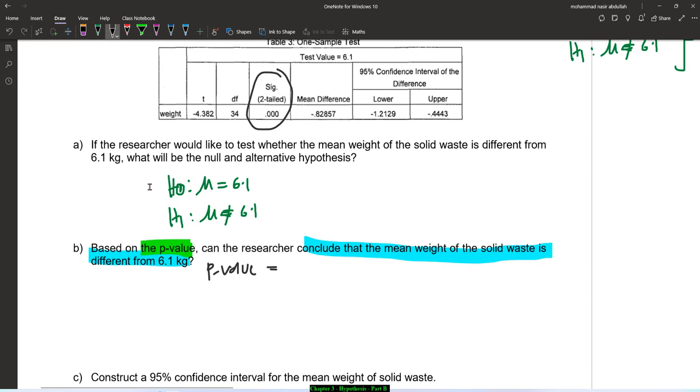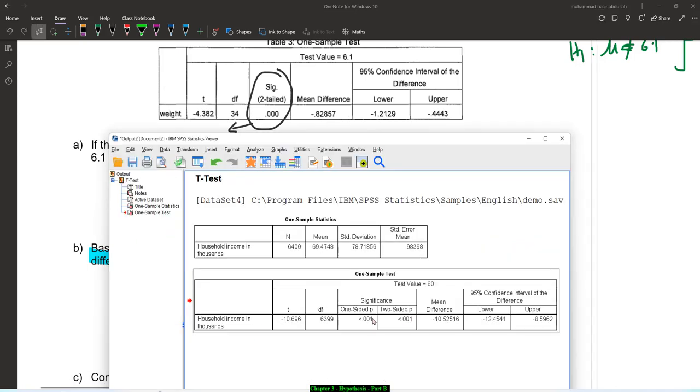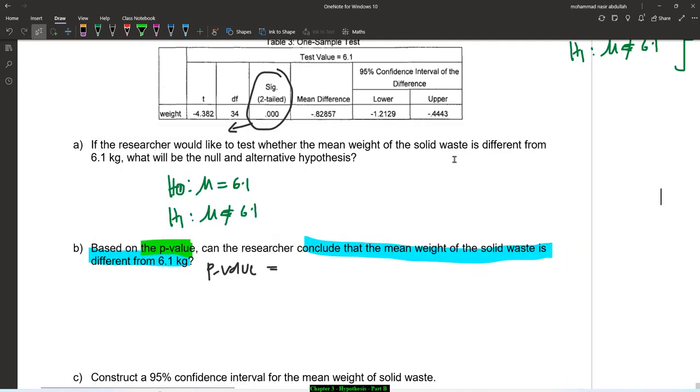You can see here, this is the old output presentation. If you have a new SPSS, you will see here it writes less than 0.01. Means that this number is very small. It's not equal to 0. It's very small. The probability cannot be equal to 0. A probability of an event is not equal to 0. It should be some value. Right?